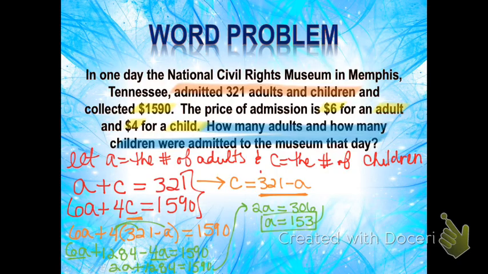And I can go back up to this equation to easily find C, now that I know what A is. And come up with 168. Since this is a word problem, my final answer will be kind of a sentence or a phrase.